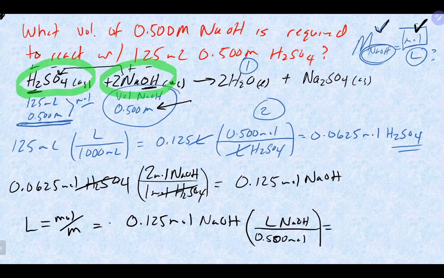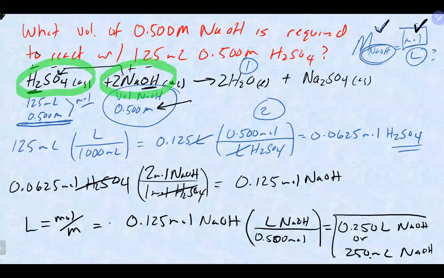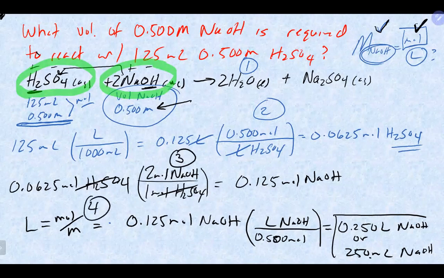And here we would take that divided by 0.5, which gets us 0.25 liters of sodium hydroxide, or if you multiply it by 1,000, 250 milliliters of sodium hydroxide would be needed in this case. Once again, step 1, step 2, step 3, and here step number 4. Any questions on any of those steps there?